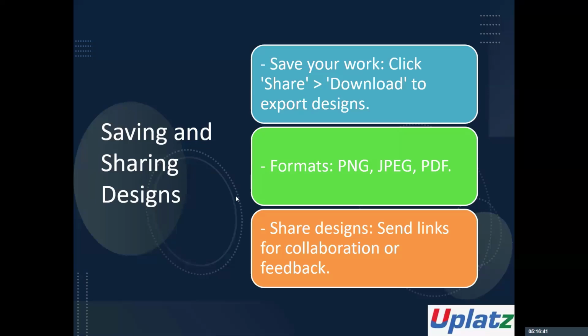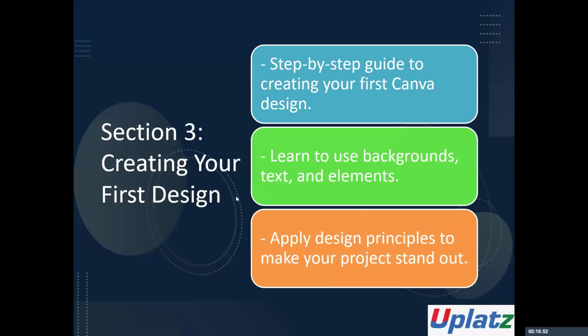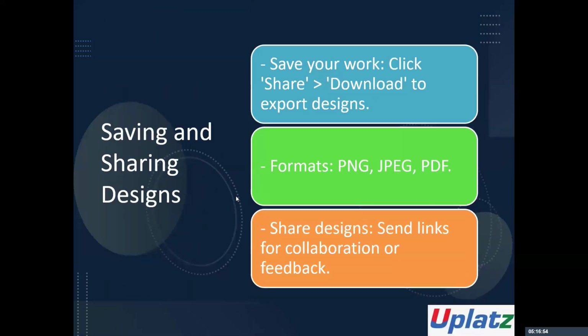The formats are immense. We can have PNG, JPEG, and PDF format as well. We can share designs where we can send links for collaboration or feedback. Right. All the formats can be shared and can be explained in the best way possible.